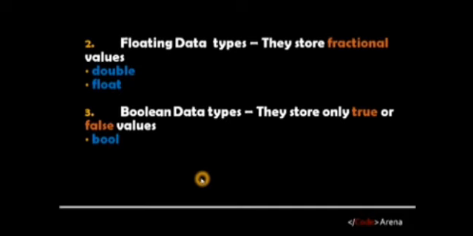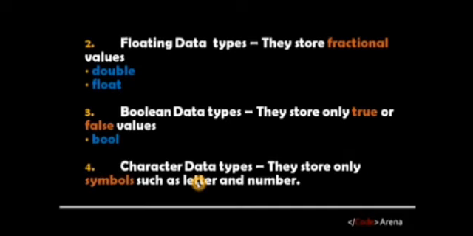And lastly, the types of primitive data type we have is the character data types. This character data type stores only symbols such as letters or numbers. Symbols like a single character, either L, A, 2, or a dollar sign.